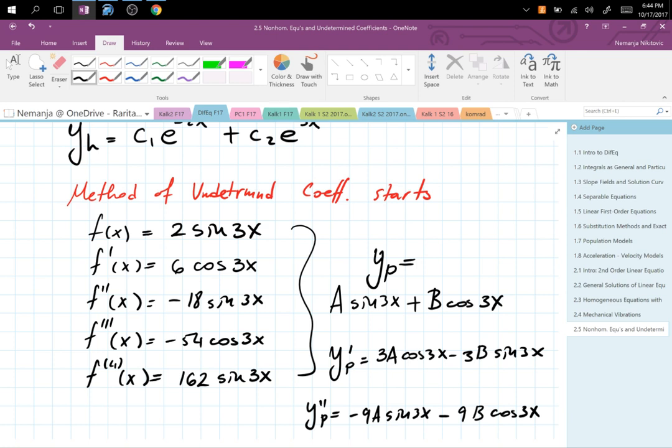The next order of business is to plug this into the differential equation. We are working on problem number 3.